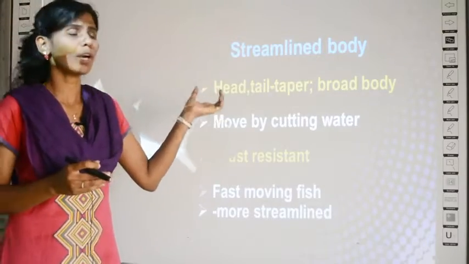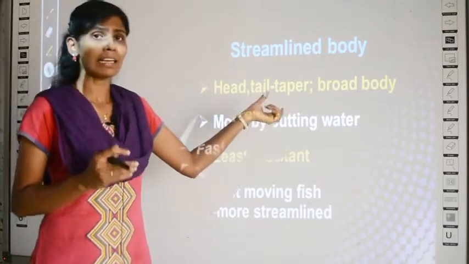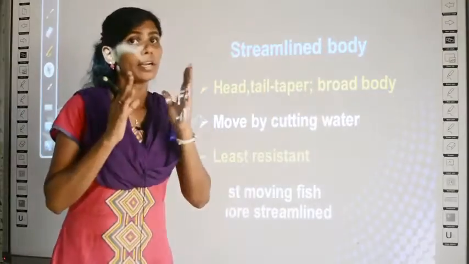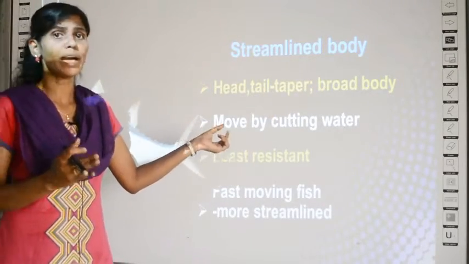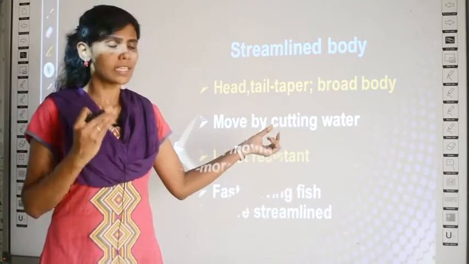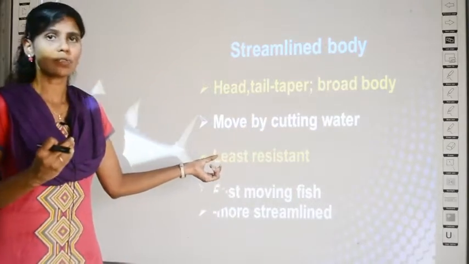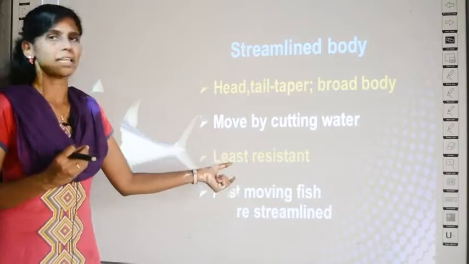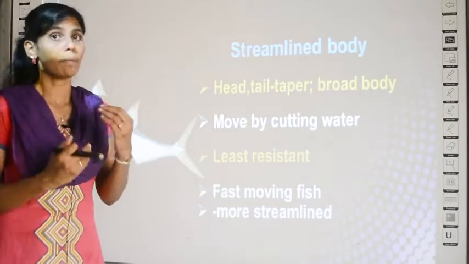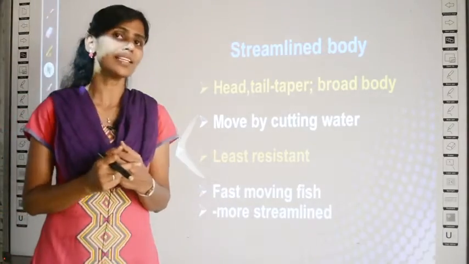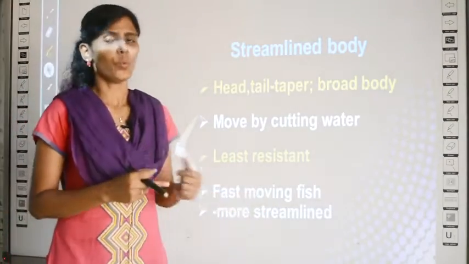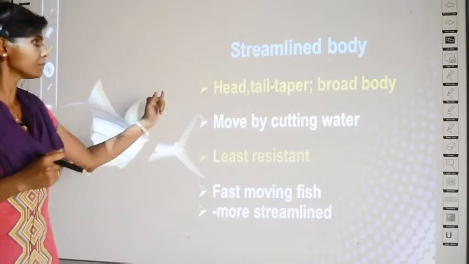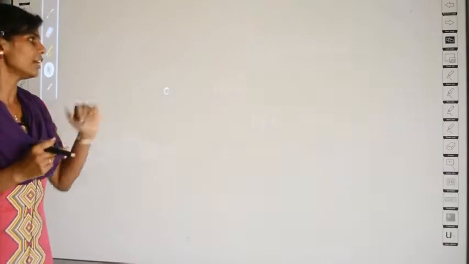So streamlined body means head and tail tapered and broad body will be present as in the case of fishes, and they move by cutting the water when they have a streamlined body, and when there is a streamlined body there is least resistance, and the fishes which have more streamlined nature have the ability to move very fast. This is about streamlined body in fishes.